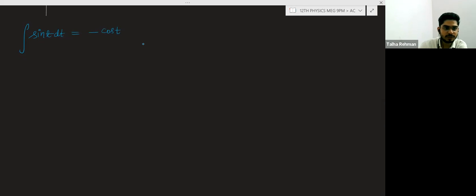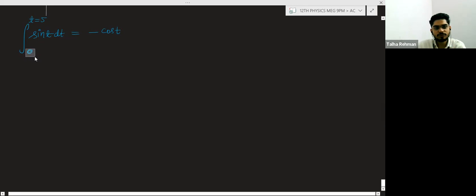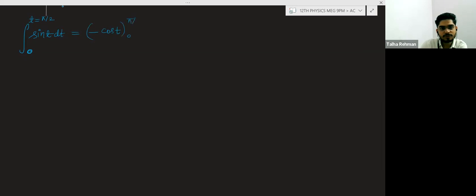Suppose you are integrating from t equal to 0 to t equal to pi by 2. You will apply the limit 0 to pi by 2: first put the upper limit in t, then minus the lower limit. Take minus out, and put cos of pi by 2 minus cos of 0.